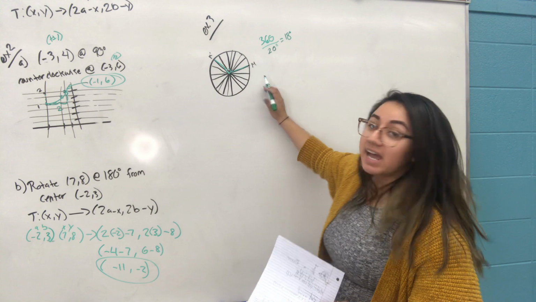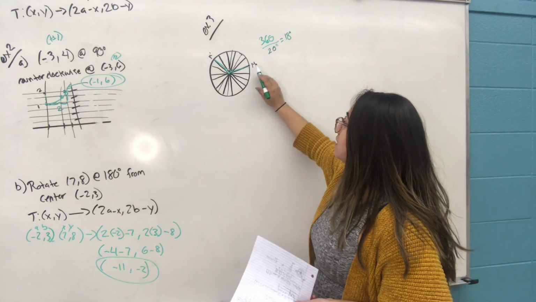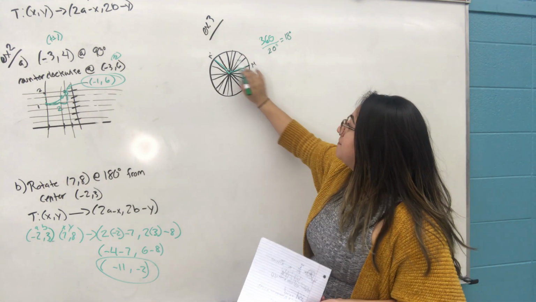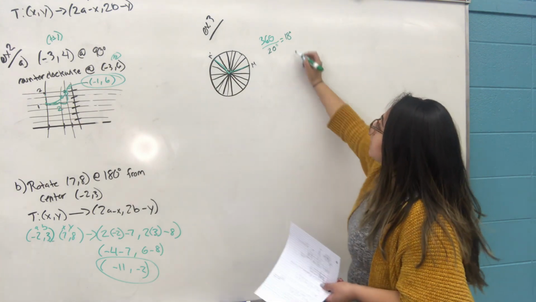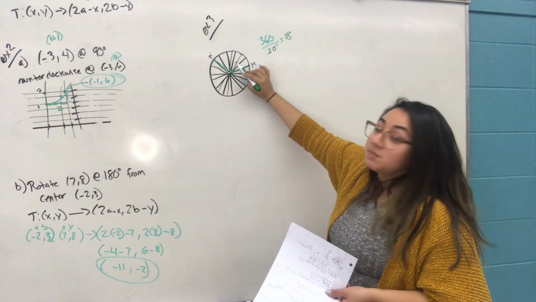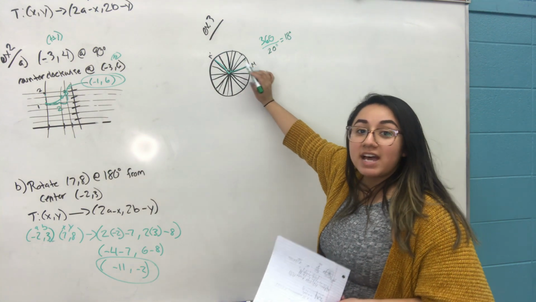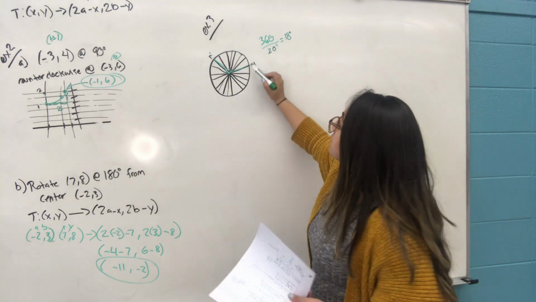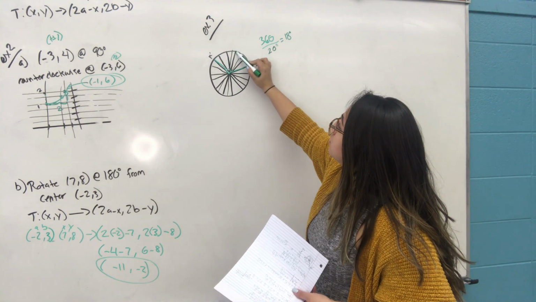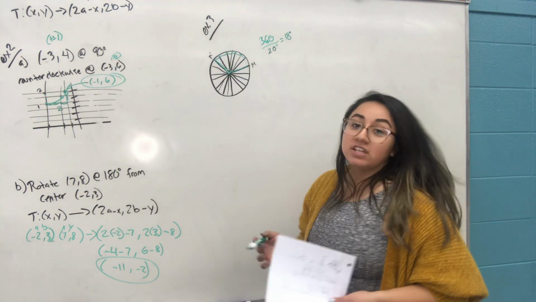But again, they're not asking for the cart, they're asking for the measurement of the angle from M to the new rotation of M prime. To do that, we have 18 degrees. We know each of these boxes are 18 degrees. Now we have to see how many boxes there are in between. So from this one to this one, it's 1, 2, 3, 4, 5, 6, and there is actually 7.